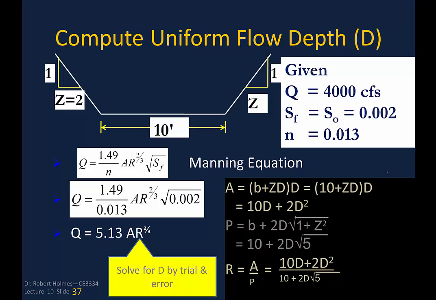So in this situation, we've got a trapezoidal channel right here, and we want to calculate the normal depth, and sometimes I abbreviate that YN. You'll see it sometimes as Y0, or DN, just to know that this is considered the uniform flow depth or the normal depth.